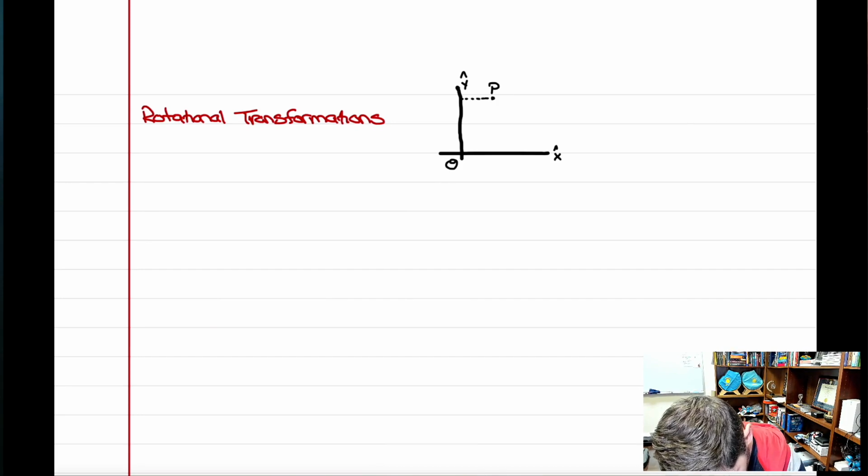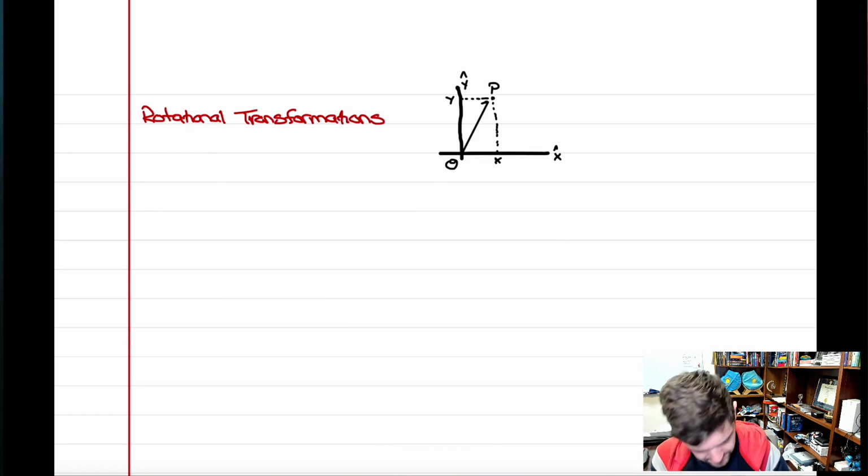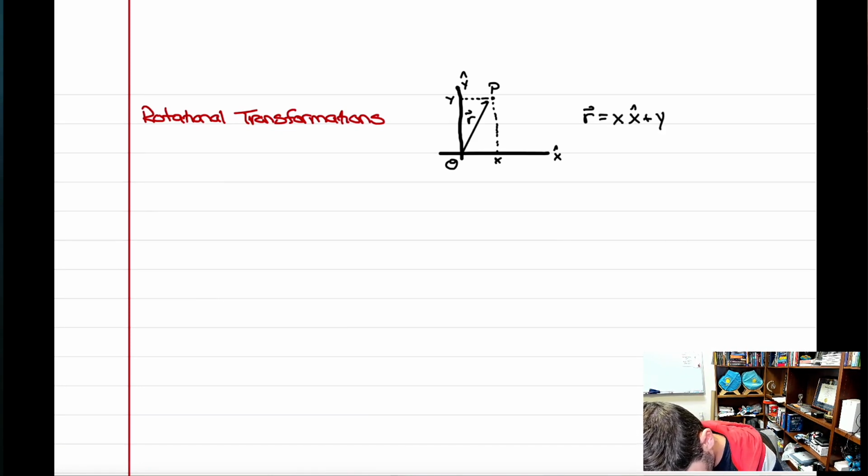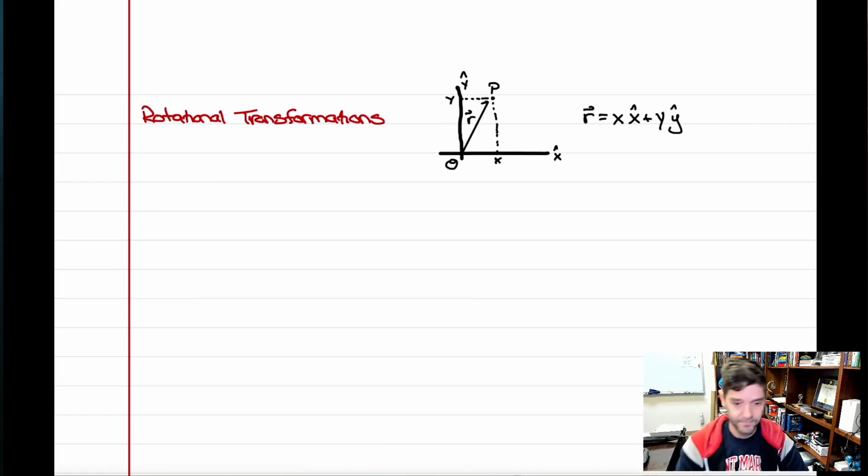It has some y value and some x value, such that the position I could write down for that point might be something like x in the x hat direction, y in the y hat direction.